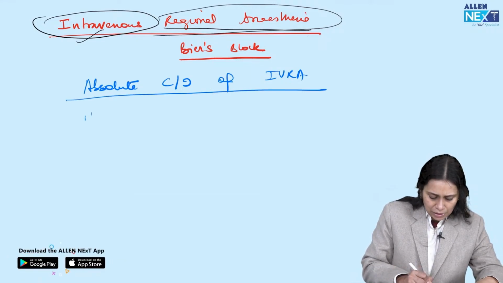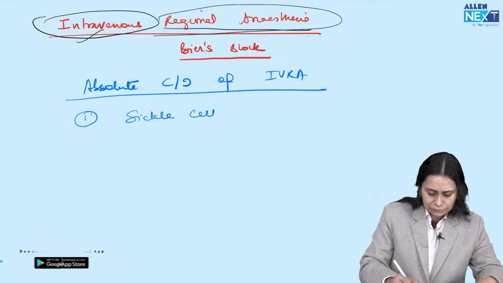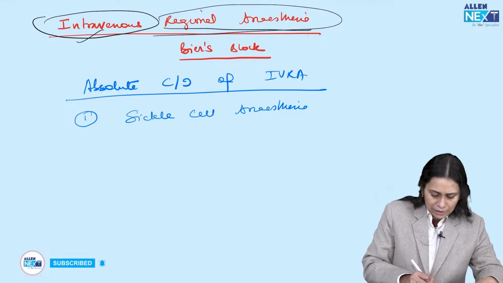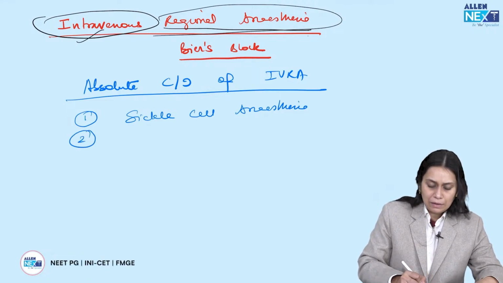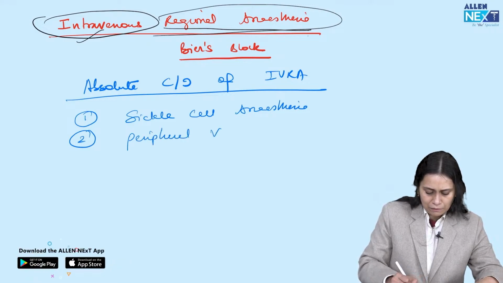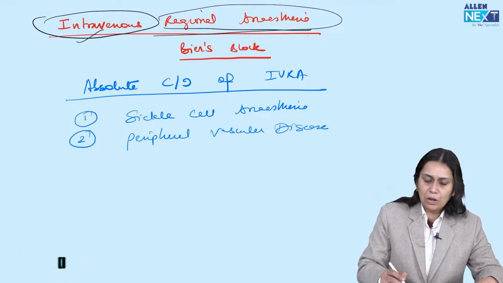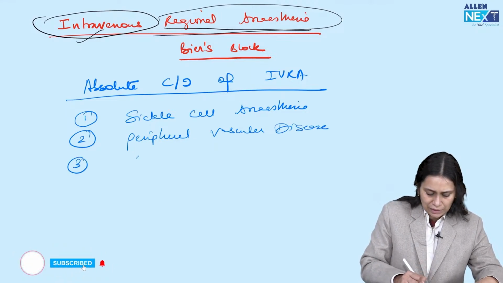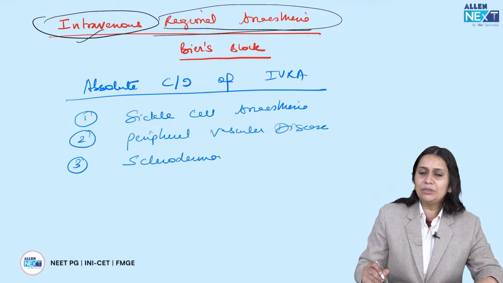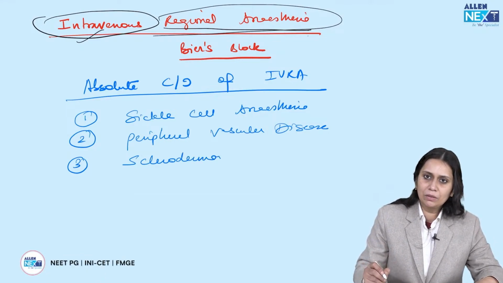Number one, it is contraindicated in sickle cell anemia because it will precipitate sickling. It is contraindicated in peripheral vascular disease. In this also we cannot tie tourniquet for that long. It is contraindicated in scleroderma. Okay, so these are three contraindications of IVRA, right?